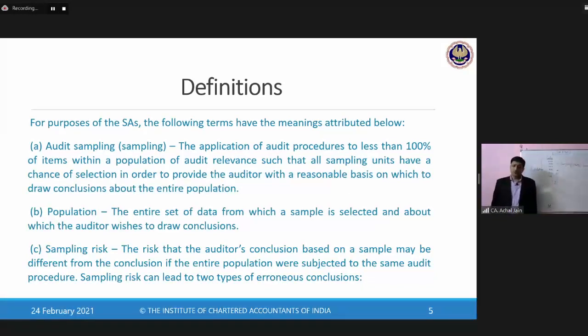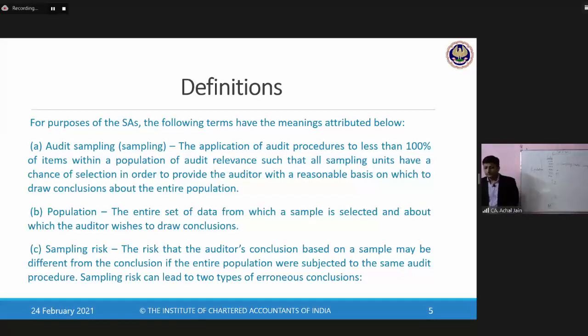Sampling risk. What is this sampling risk? The risk that the conclusion of the auditor based on a sample may be different from the conclusion if the entire population were subjected to the same audit procedure. Sampling risk can lead to two types of erroneous conclusions.